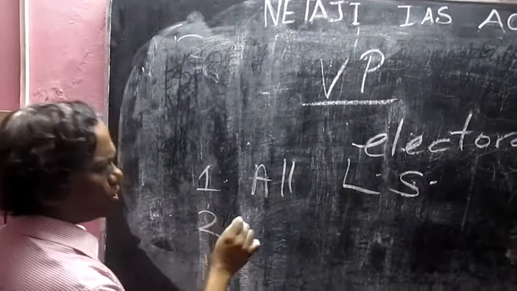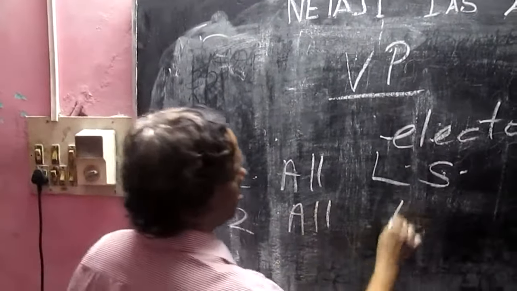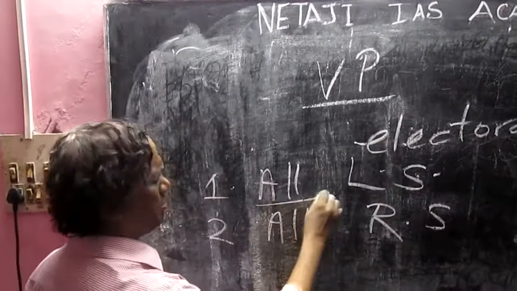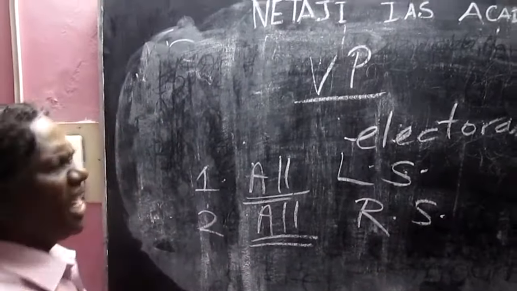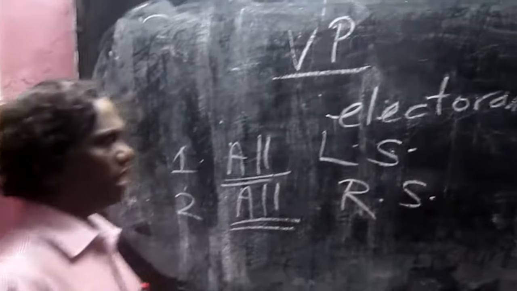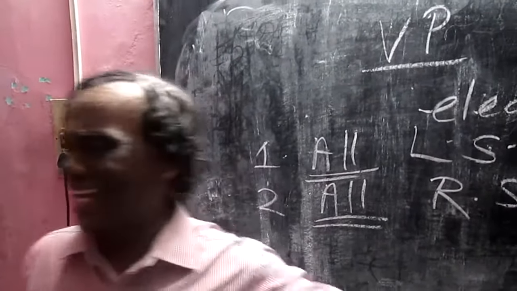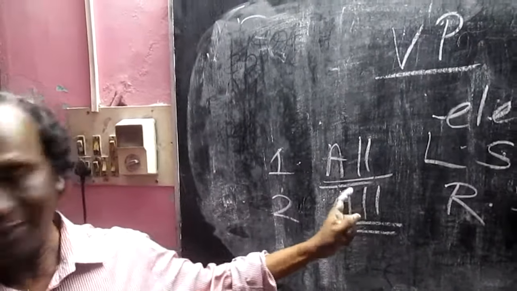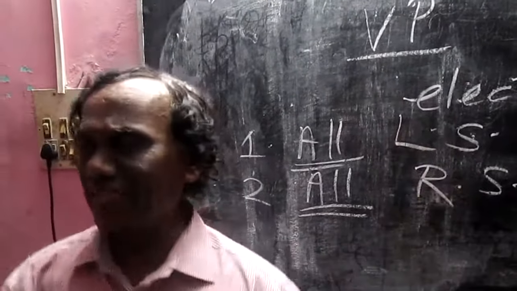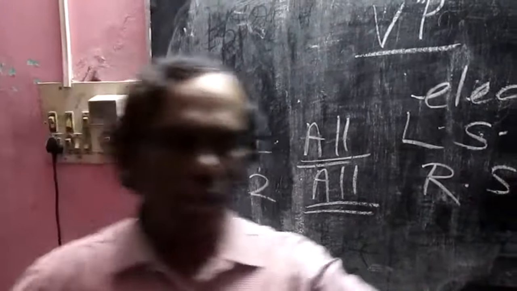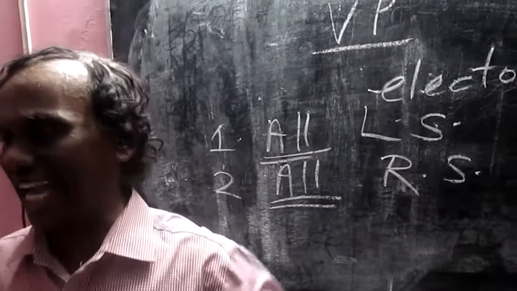Number one, all the members of Lok Sabha. Number two, all the members of Rajya Sabha. Friends, please underline the word all. You explain now. In the VP election, both elected members and appointed members can vote.